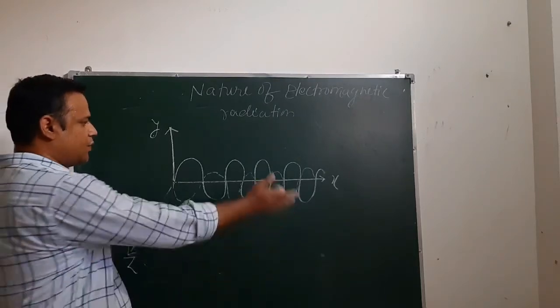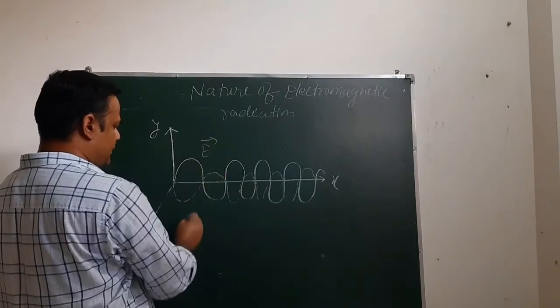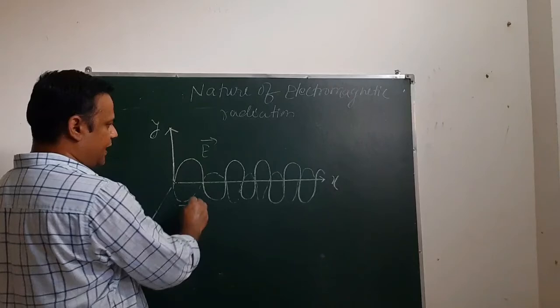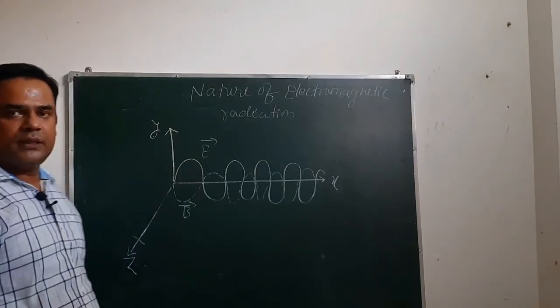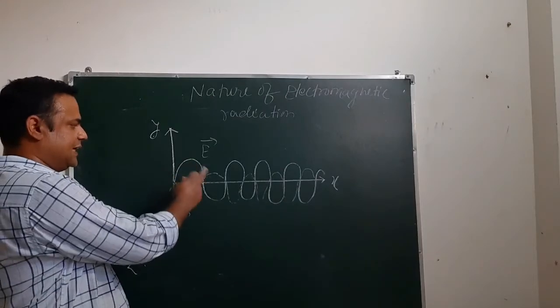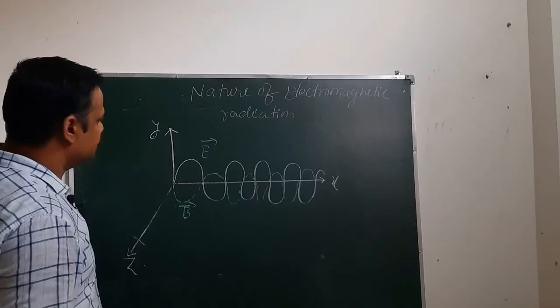So if the electric field vector is in the xy plane, then the magnetic field vector will be in the xz plane or yz plane, either of these two planes. But these two fields, electric field and magnetic field, must be perpendicular to each other.